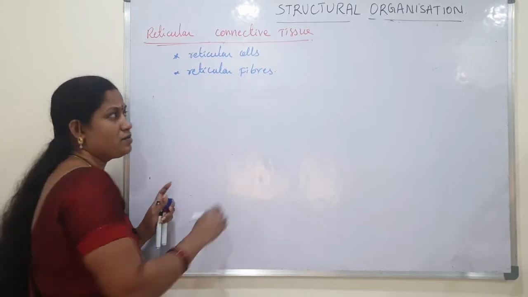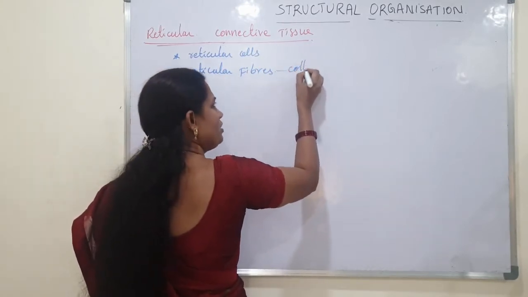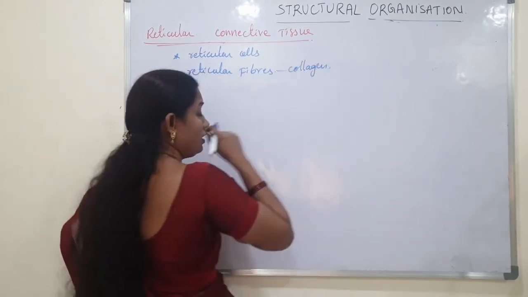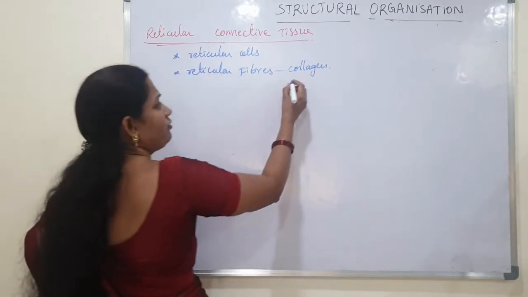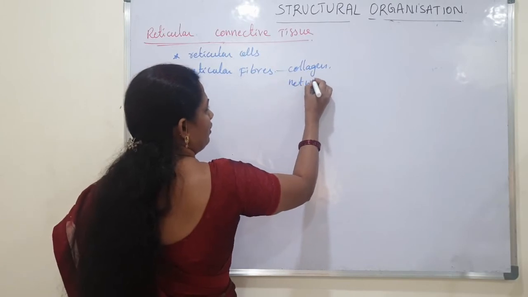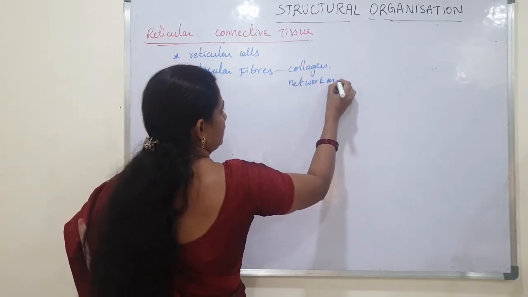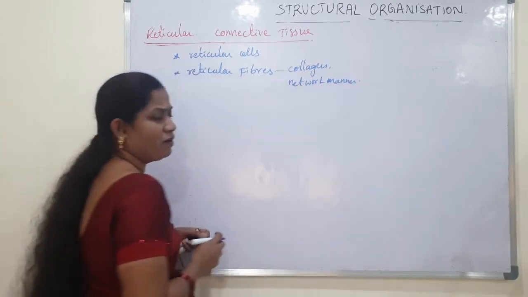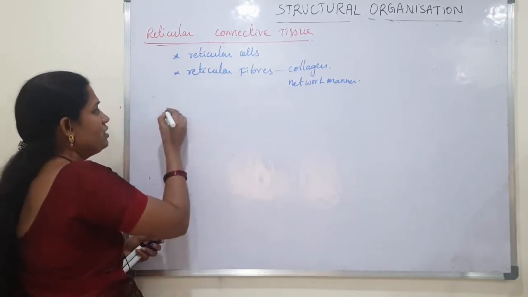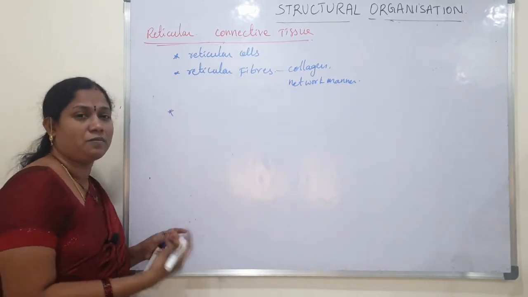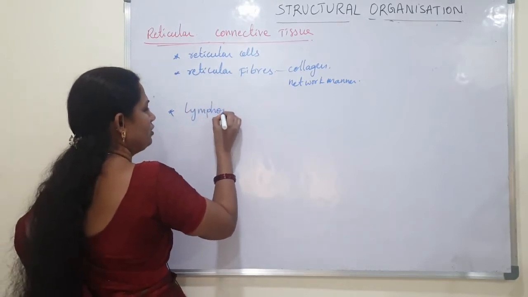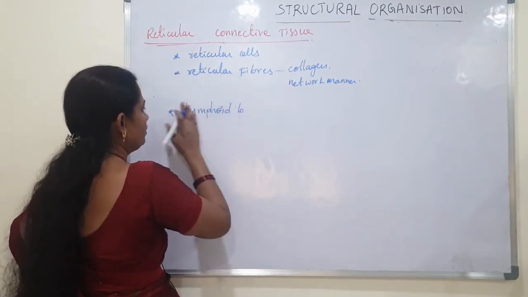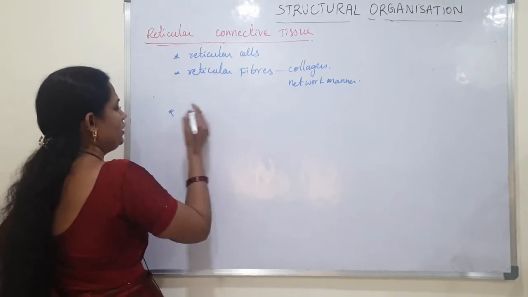Reticular fibers are made up of collagen protein, and they are arranged in a network manner. Next, they are present mainly in lymphoid organs, where they give support.